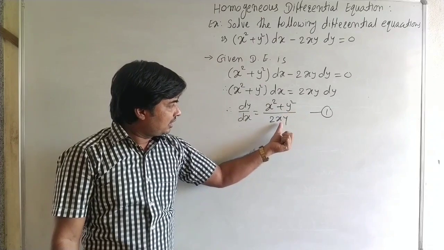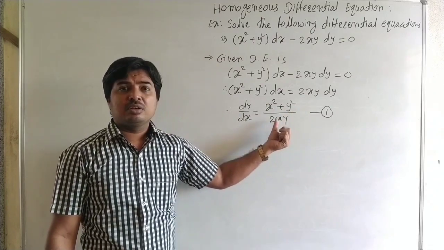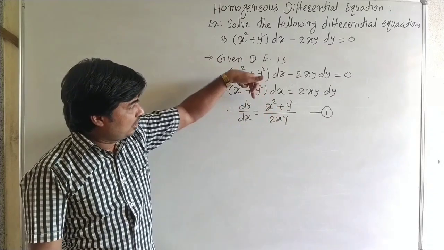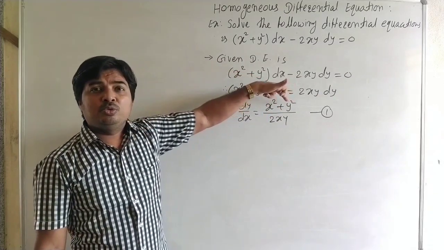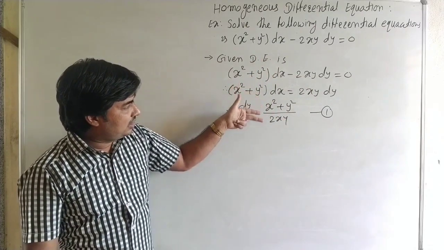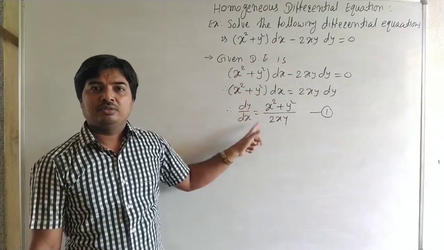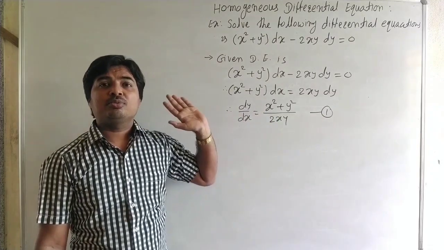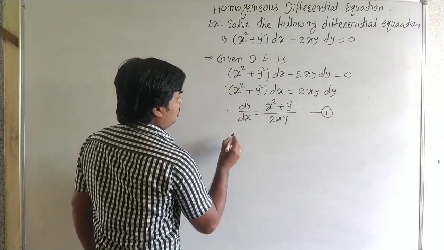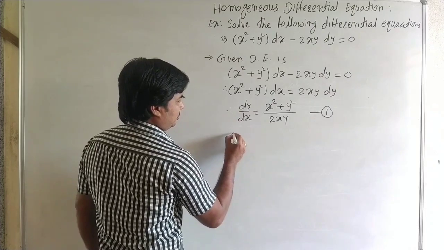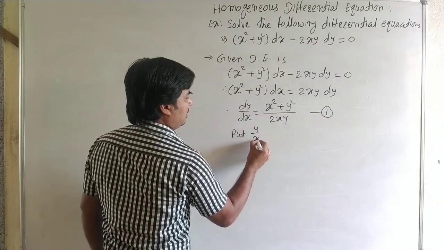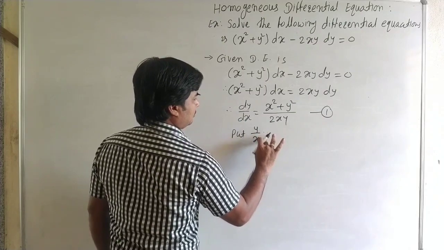And in the denominator, the power of x is 1 and the power of y is 1, so the degree is 2, the same. So the degree of the function in the numerator and in the denominator is the same. That means it is a homogeneous function. Okay, numerator and denominator of same degree. Here we can write the dy by dx. So put y by x is equal to v.